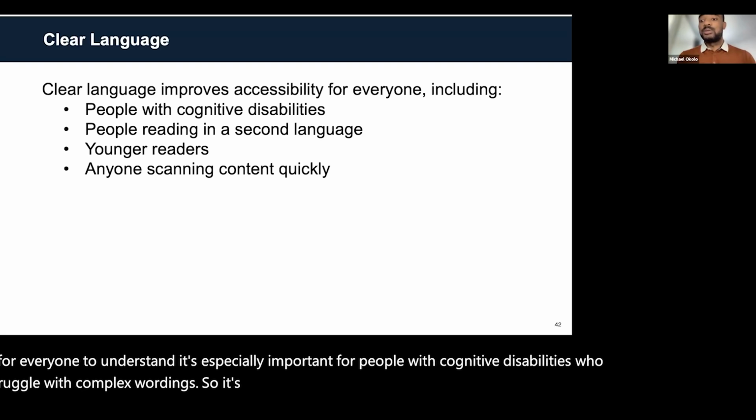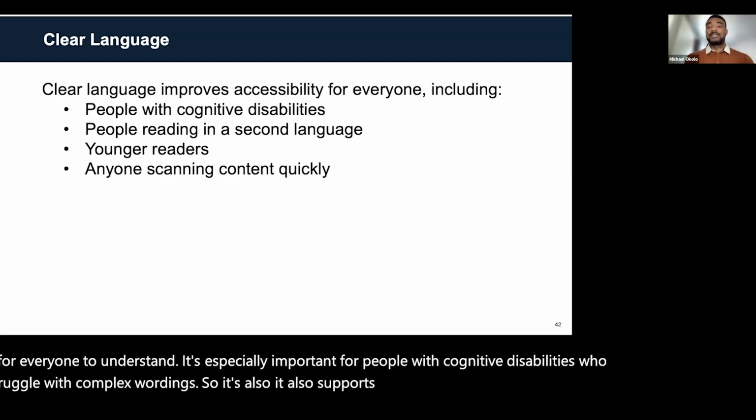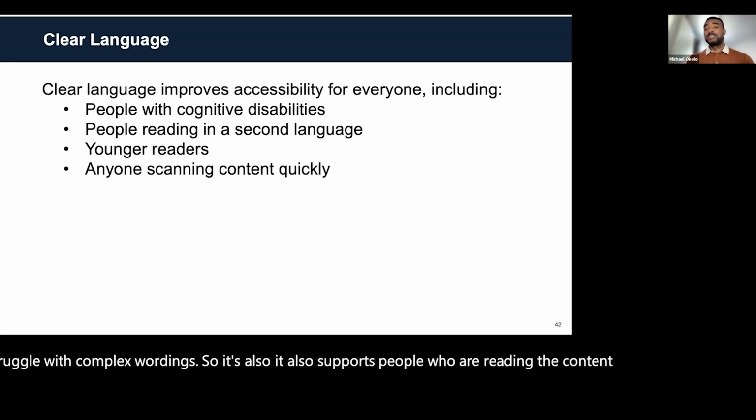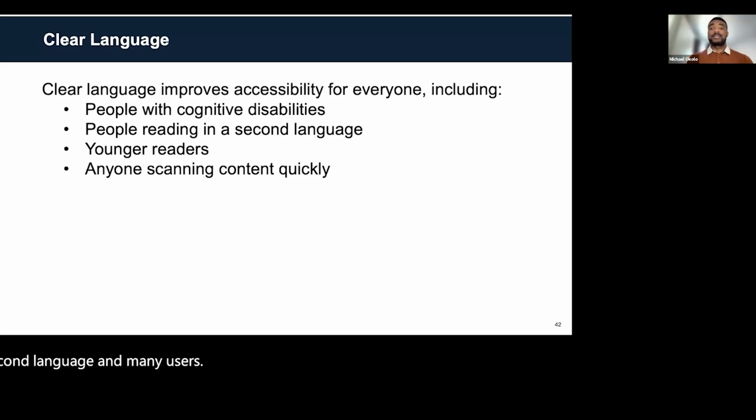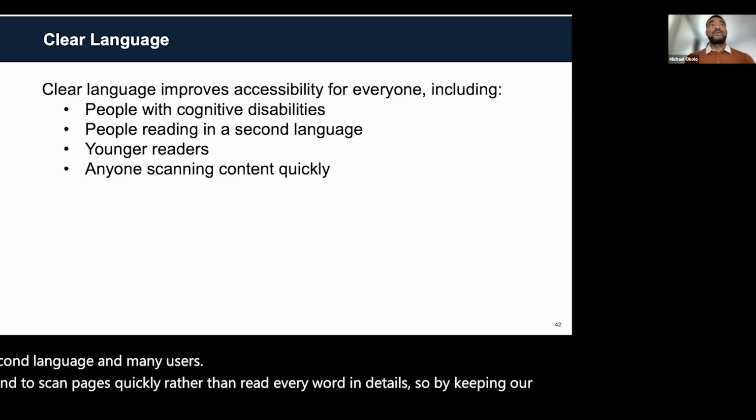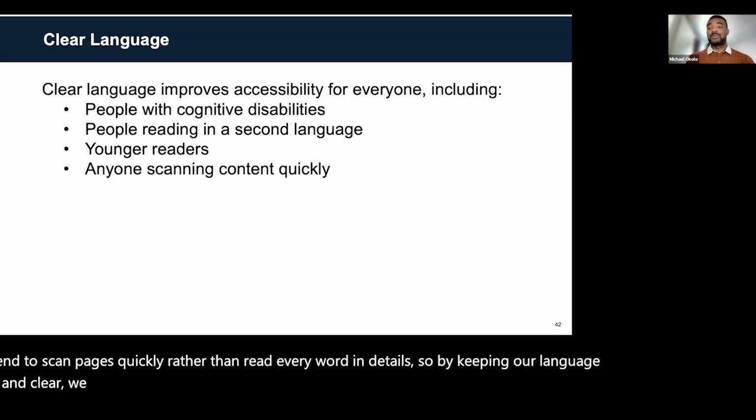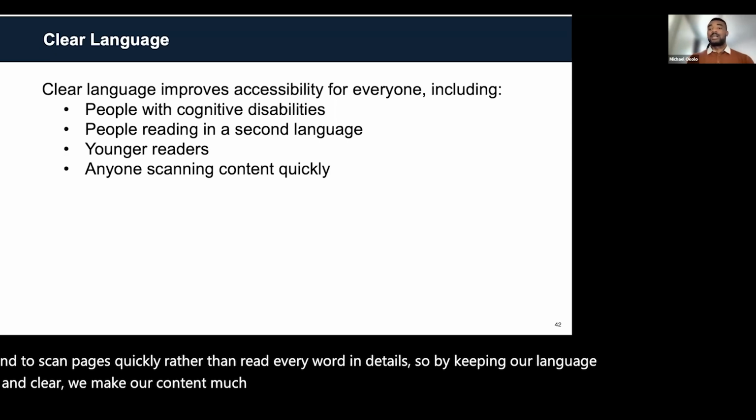It also supports people who are reading the content in a second language. And many users tend to scan pages quickly rather than read every word in detail. So by keeping our language simple and clear, we make our content much more accessible and easier to use for a wider audience.